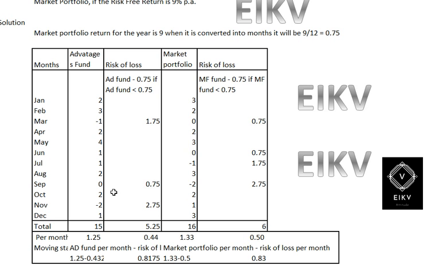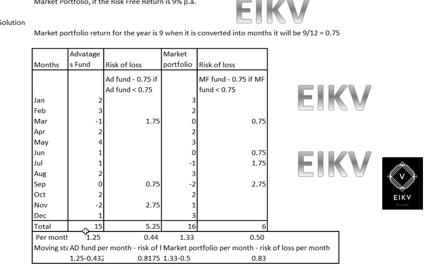But in September it is 0, therefore 0 minus 0.75 will give you negative 0.75, which is a risk of loss. Then October, no problem. November it is -2, so -2 minus 0.75 will give you 2.75 as risk of loss. December, no problem.